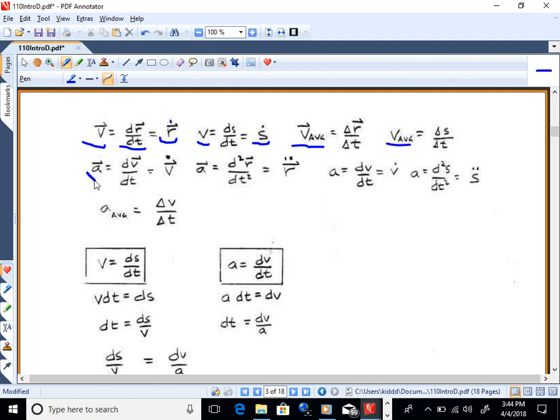Now, acceleration is the change in velocity with respect to time, and that would be v dot. Let's look at a car. Velocity is what your speedometer says, maybe 40 miles per hour.